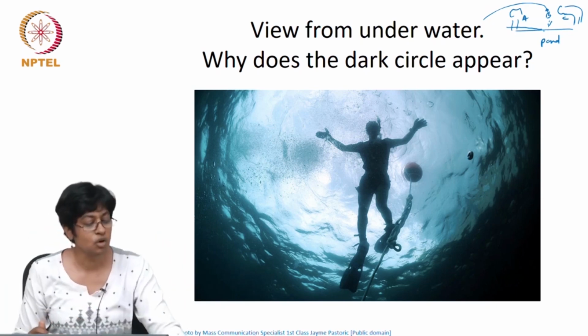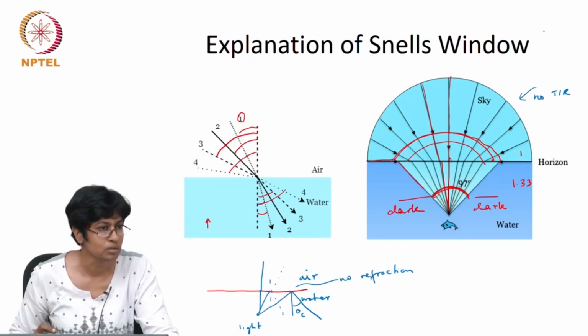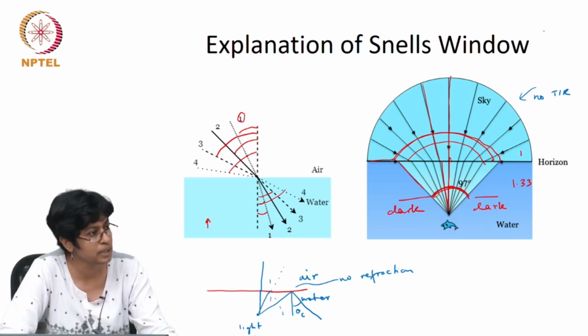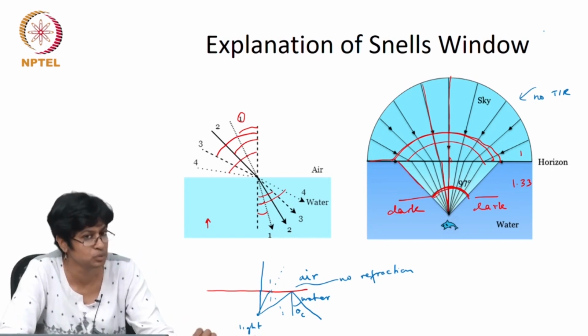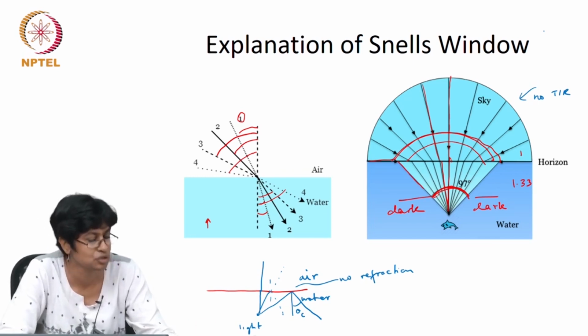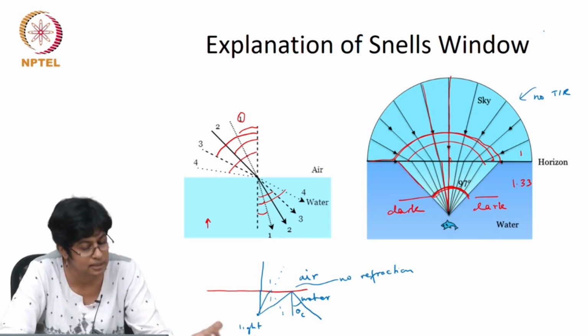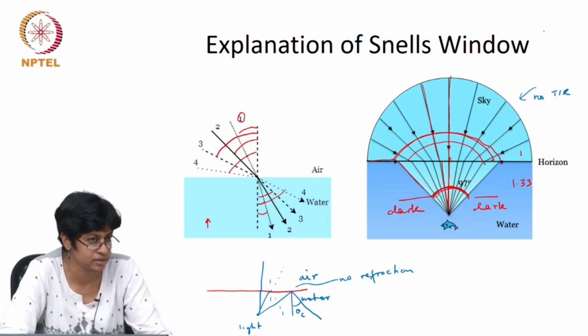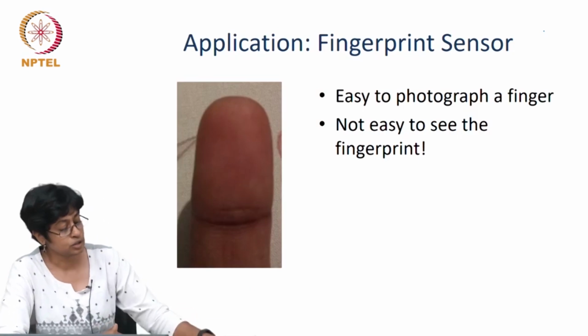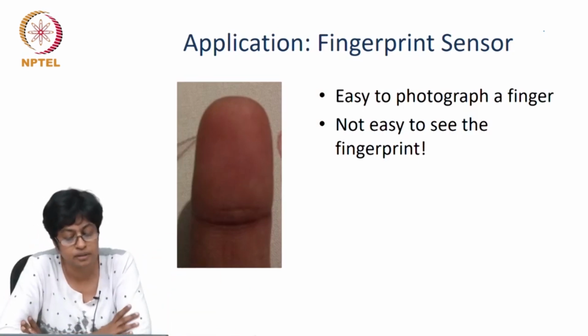Okay, this is called, unsurprisingly, Snell's window, because you can explain it completely by Snell's law. And do go look it up. You get some really, really beautiful photographs that have been taken. Again, you're not doing anything special to get these photographs. It comes automatically because of the way light refracts. Okay. So that's just a phenomenon.